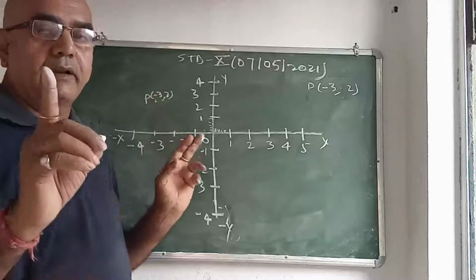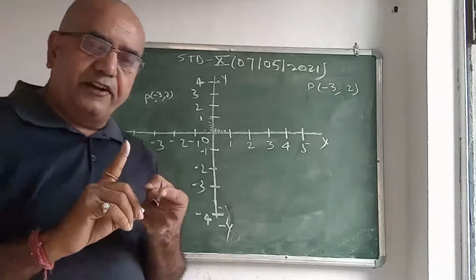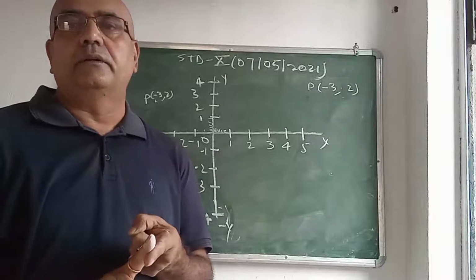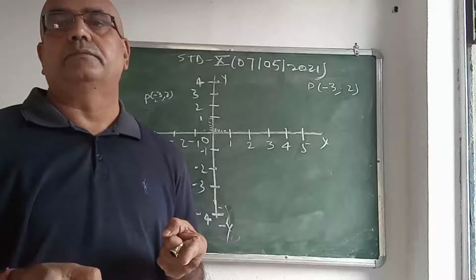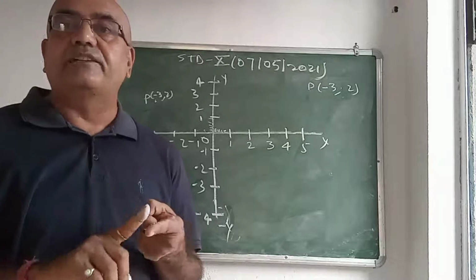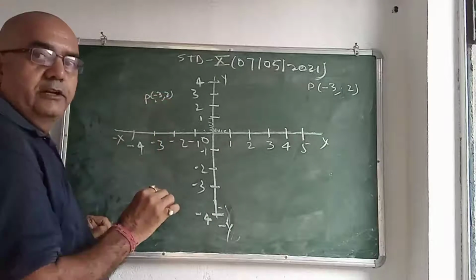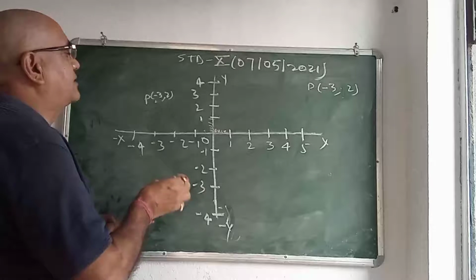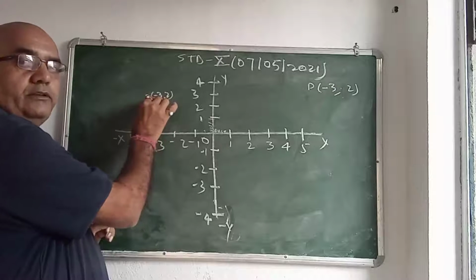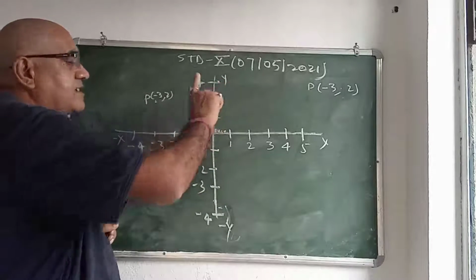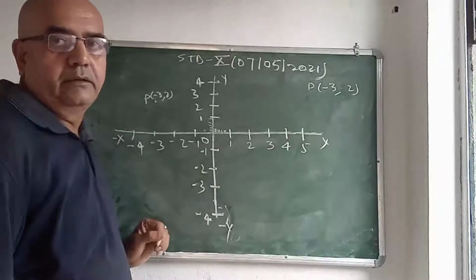Different words will be given: reflected, or mapped, or transformed. Any one of them. So this point P is reflected in the y-axis. Now for this point, which is the y-axis? This is the y-axis. This y-axis will behave as a mirror.